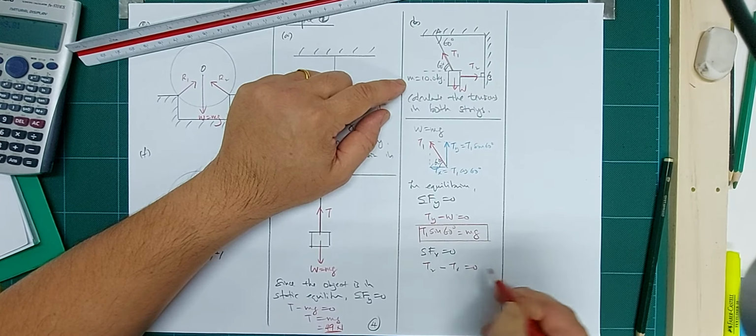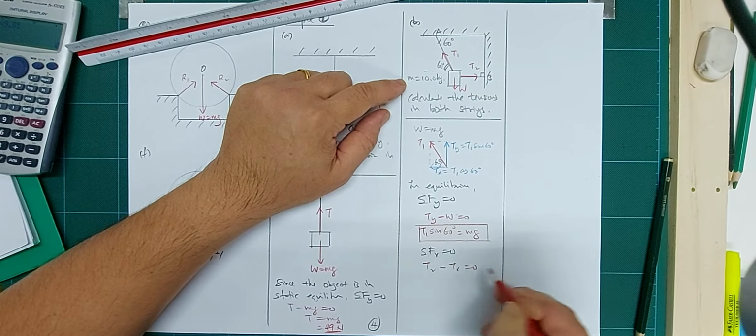So the question is calculate the reaction at A and B. We assume that the ladder is uniform. So first thing we do is we label all the necessary geometry.